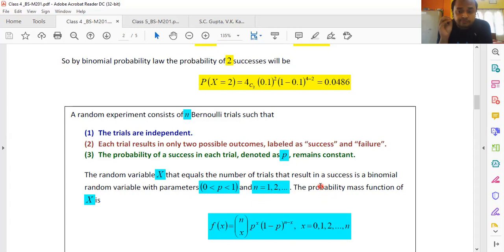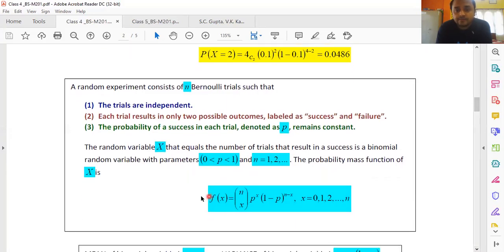The probability mass function of such a random variable capital X is given by the following formula. Here f(x) is denoting the probability, and the formula goes like this. It is nCx p to the power x (1 minus p) whole thing to the power n minus x, where the possible values of x are 0, 1 up to n.